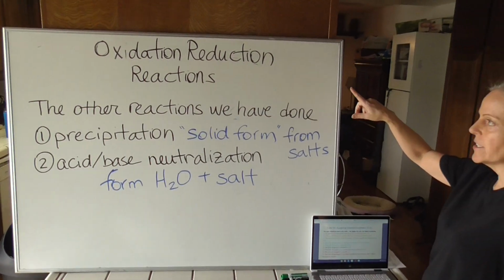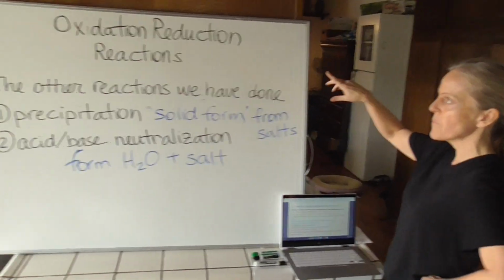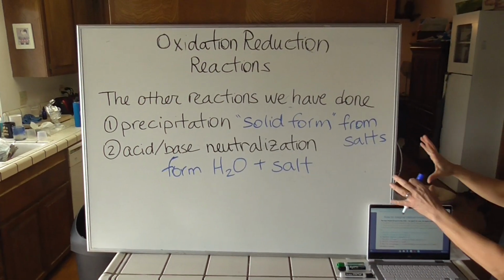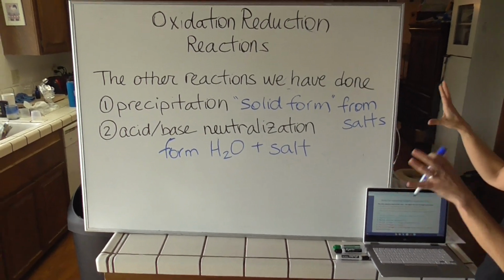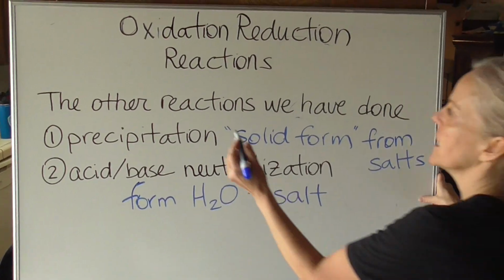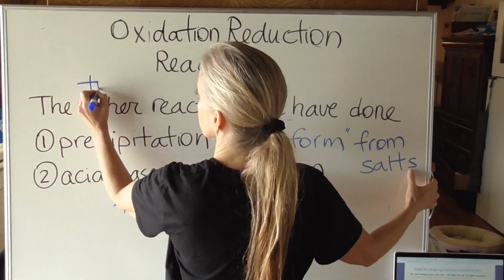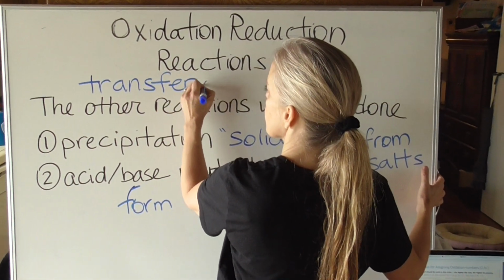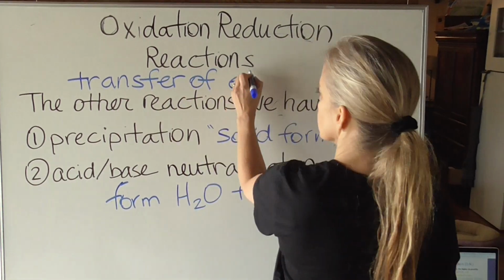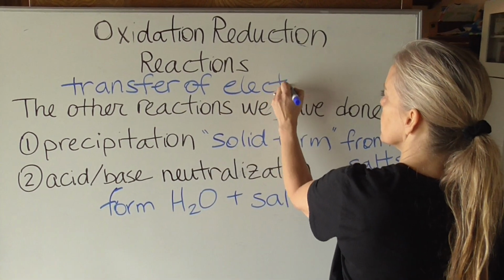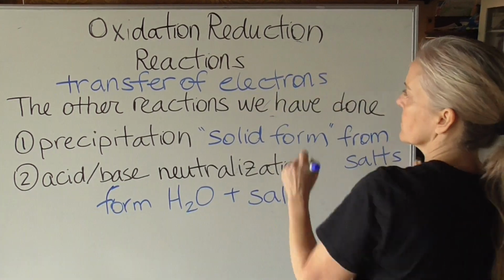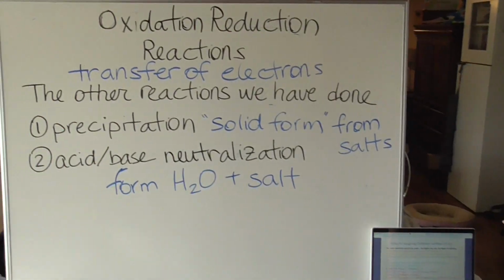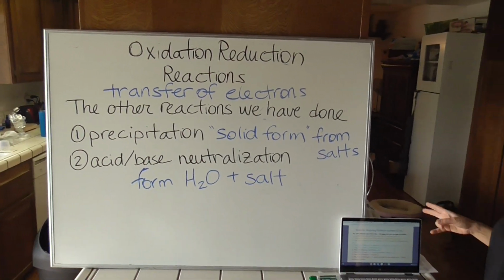For oxidation reduction reactions, the thing that characterizes them is that there's a transfer of electrons between different atoms in the chemical reaction.